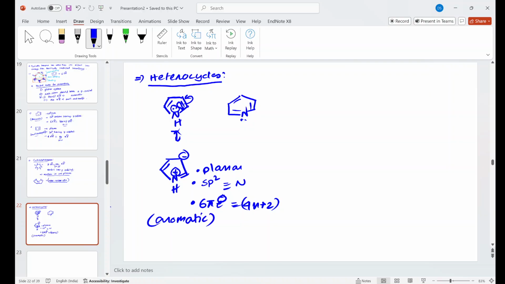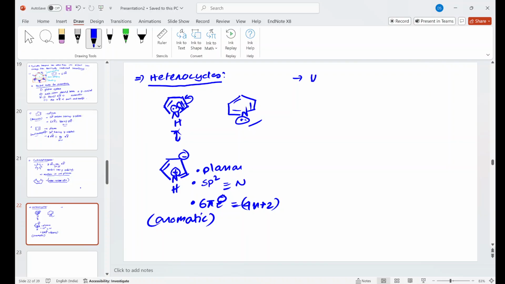For pyridine, if you consider, it is similar to benzene except that it has a nitrogen in one position instead of carbon. Now you can see nitrogen has a double bond connected, but it has also a lone pair. So should we consider this lone pair or not?